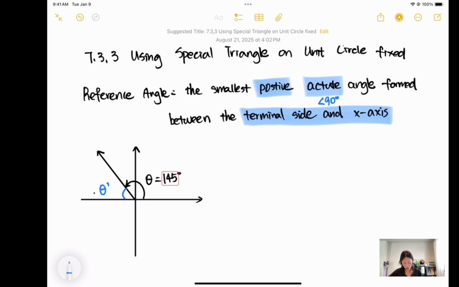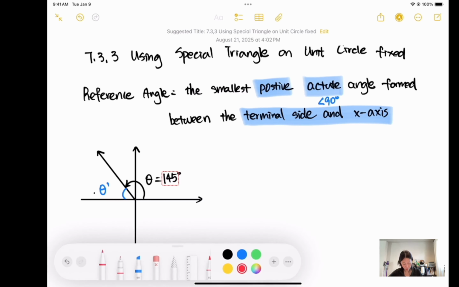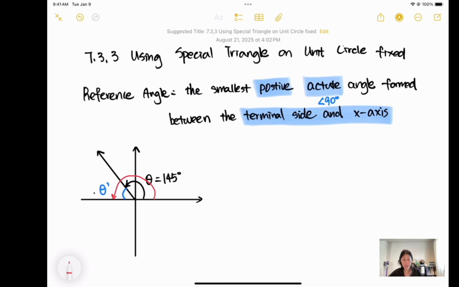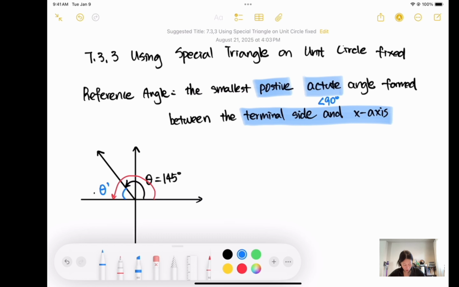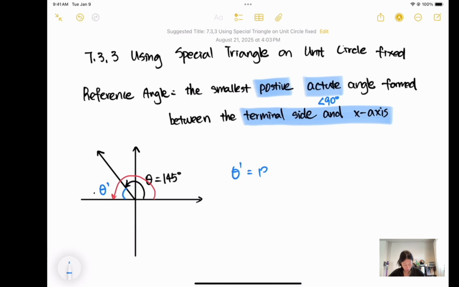All right, so how do we find the degree of this angle? Think about it. The whole straight angle here is 180 degrees, right? So that means our theta prime is equal to 180 minus 145 degrees, which is 35 degrees.